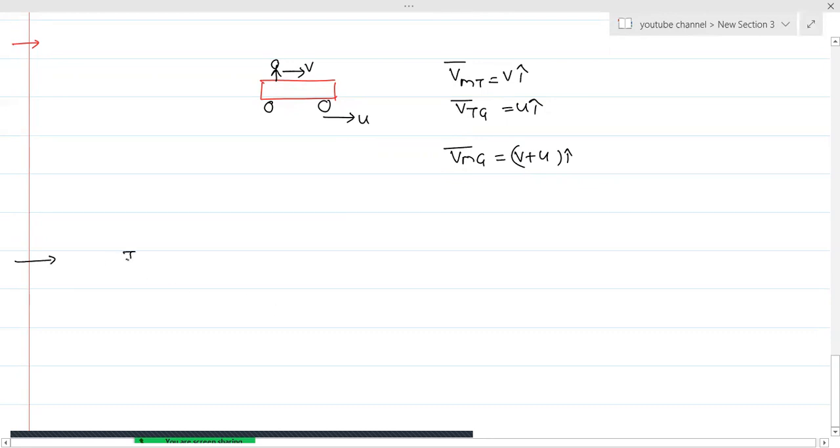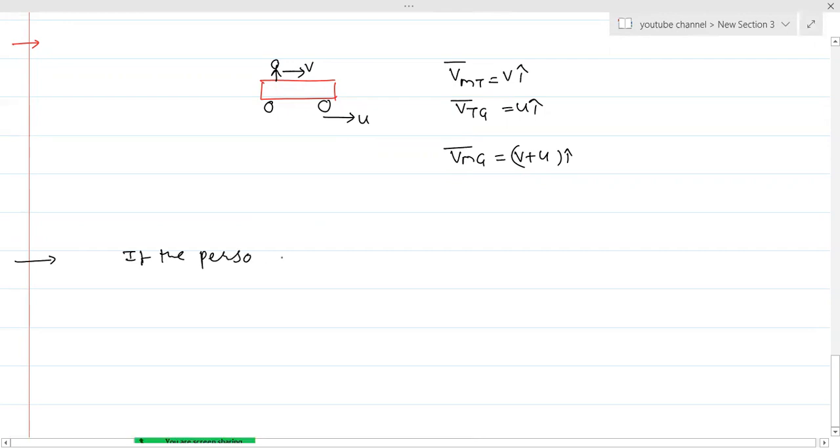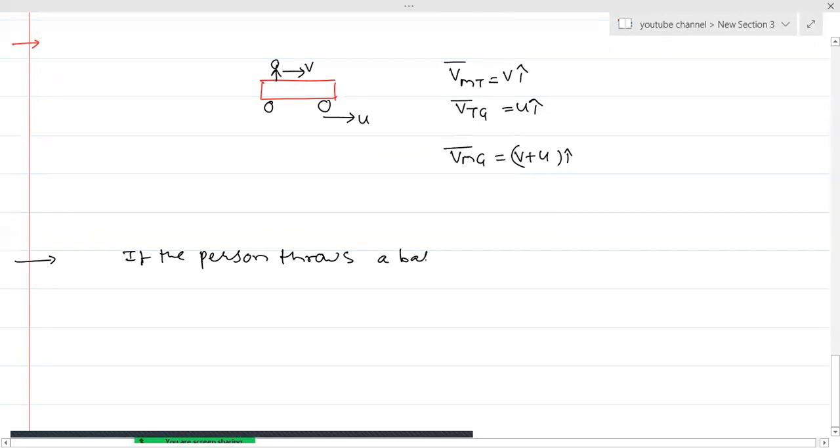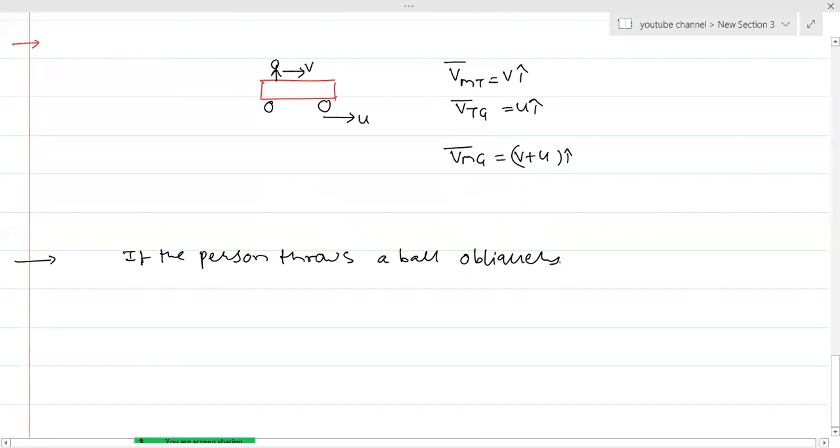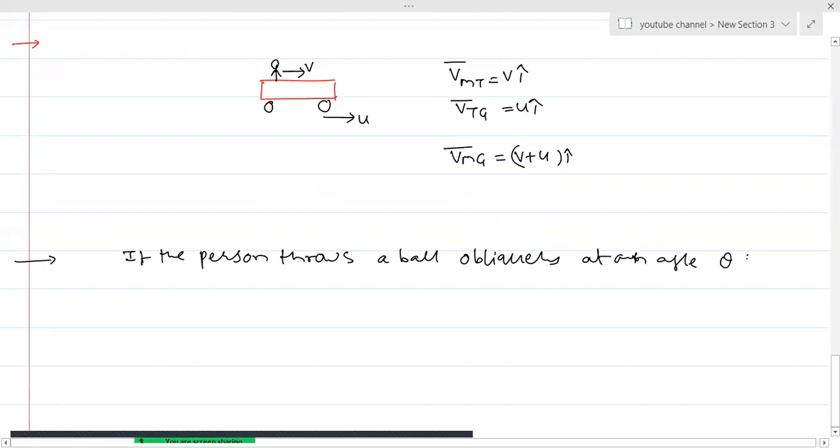For example, if a person throws a ball obliquely at an angle theta with respect to horizontal.